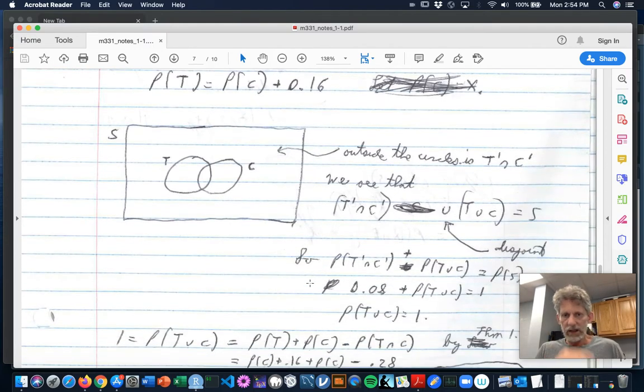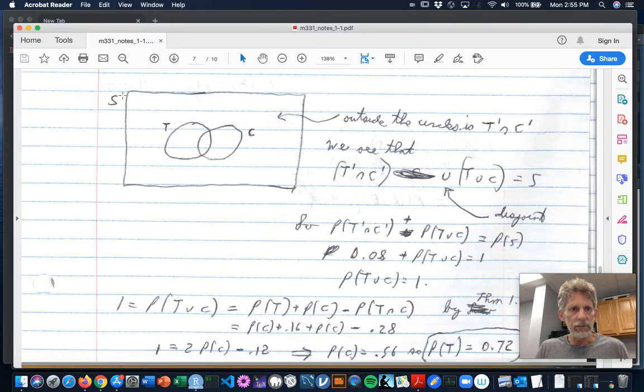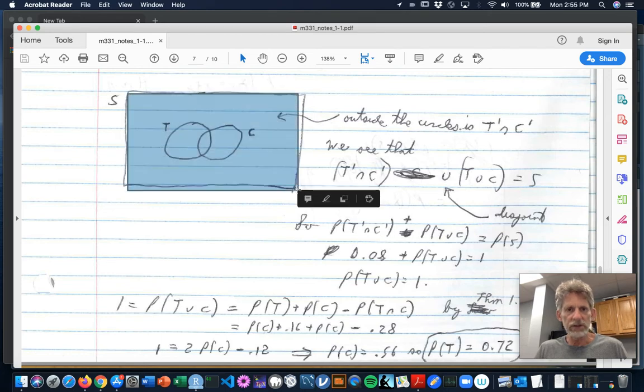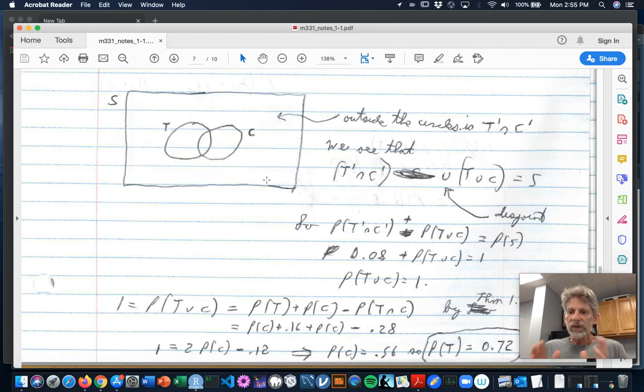So again, think of your Venn diagram, so useful in these situations, right? Outside of those two circles, kind of like here where I've got my mouse and here where I'm pointing with this arrow, outside of those circles is the T prime intersect C prime. And it is totally disjoint from the T union C, which is those two circles put together.